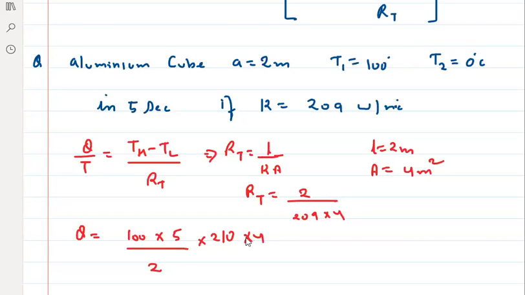You can keep 209, but 210 will give you easier calculation. So 2 into 5 is 10, and we will have 3 zeros. If you keep 209, it will still have 3 zeros.